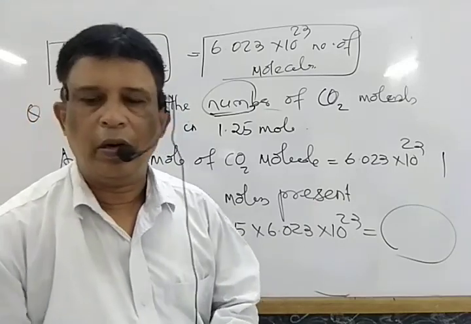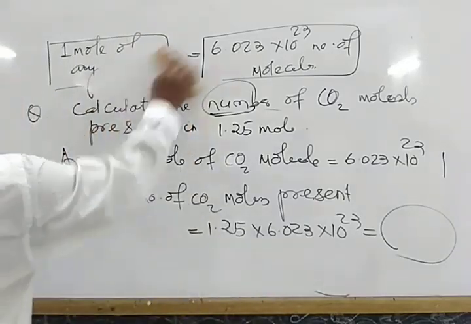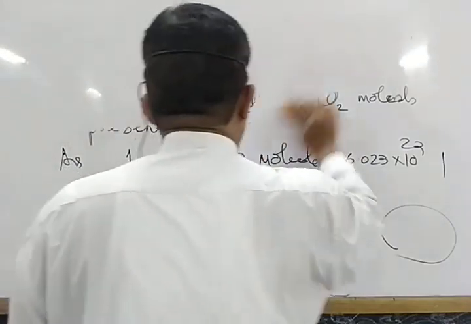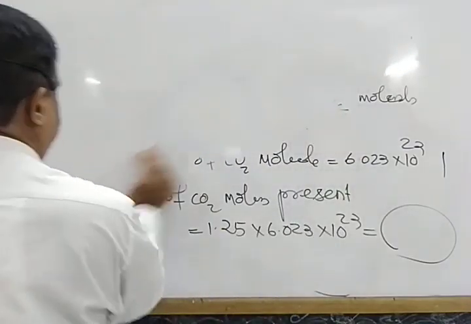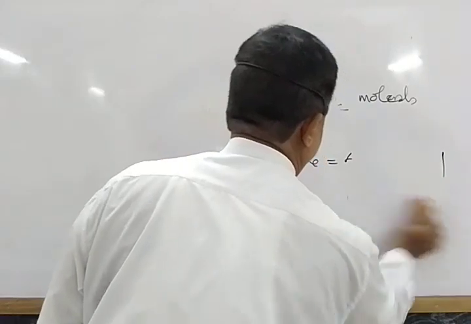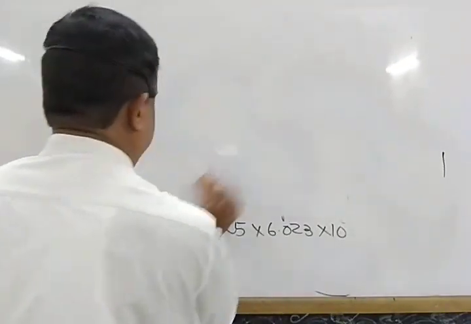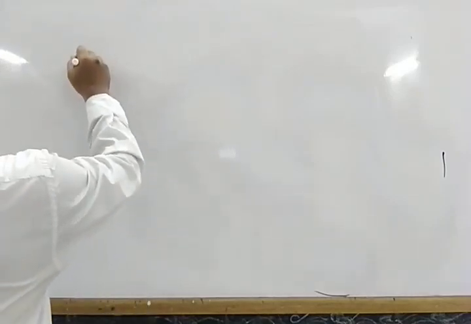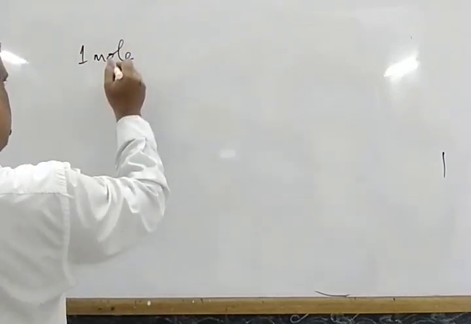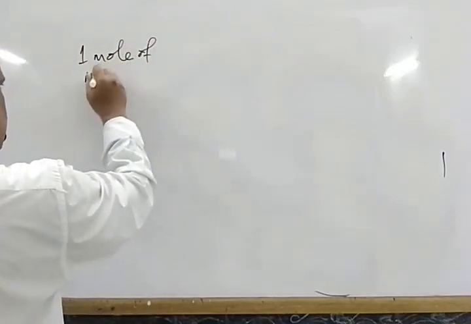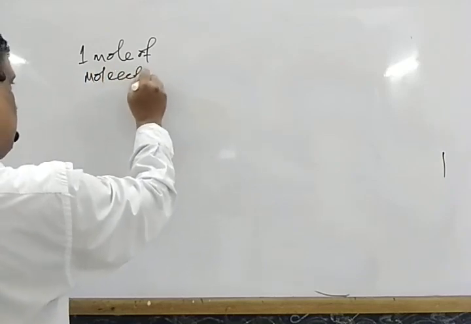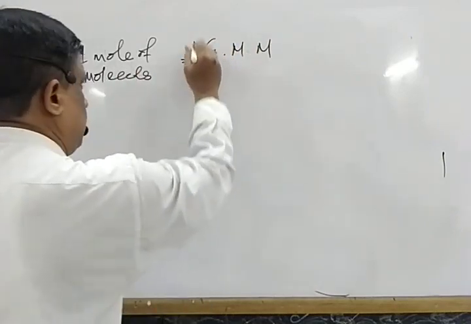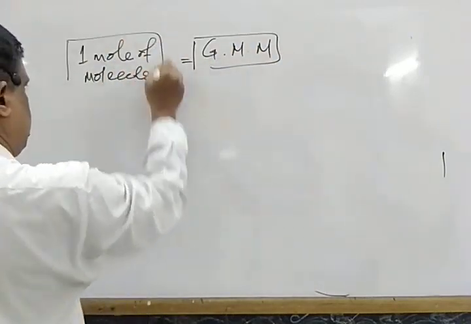Next we switch over to another relationship. 1 mole of molecules is equivalent to the gram molecular mass, GMM. That is the concept.